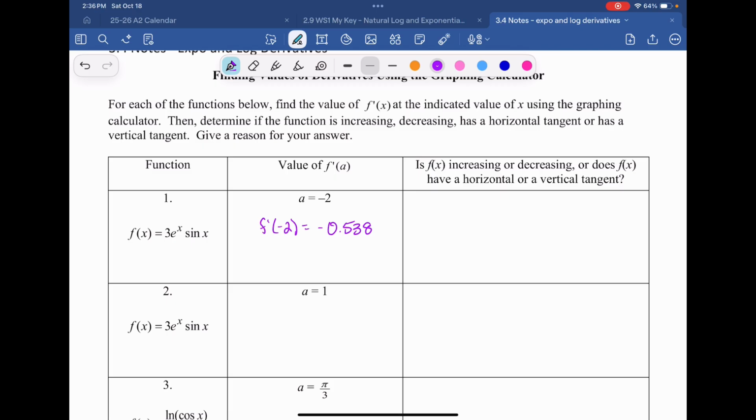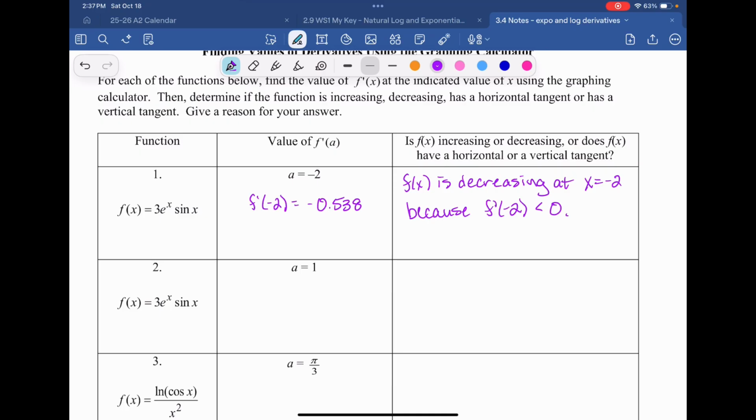So because f prime of -2 is negative, we know f of x is decreasing. So f of x is decreasing at x equals -2 because f prime of -2 is less than 0.